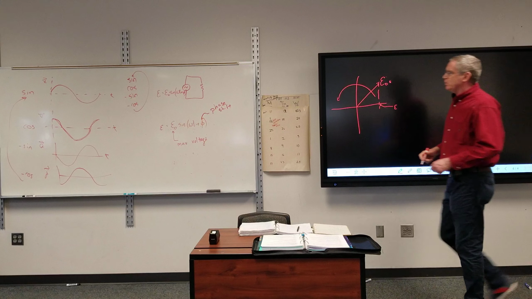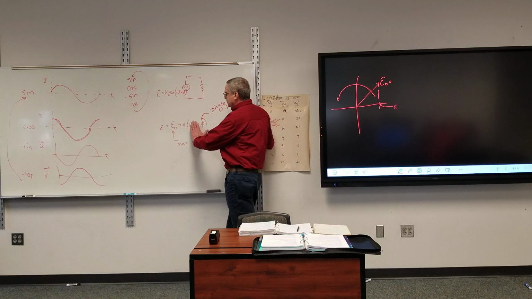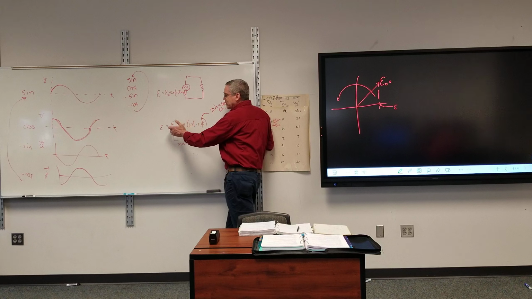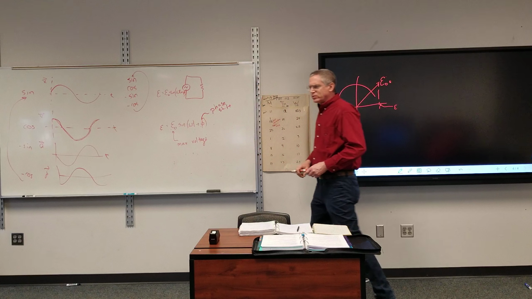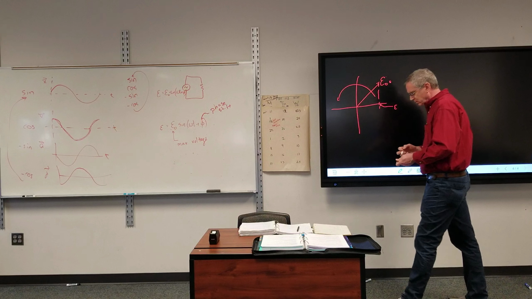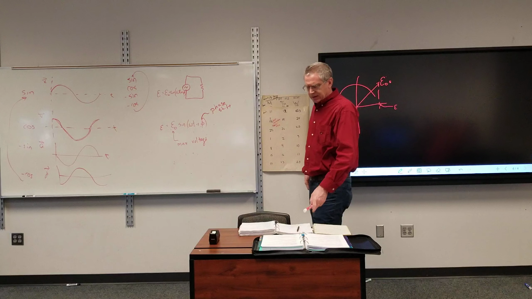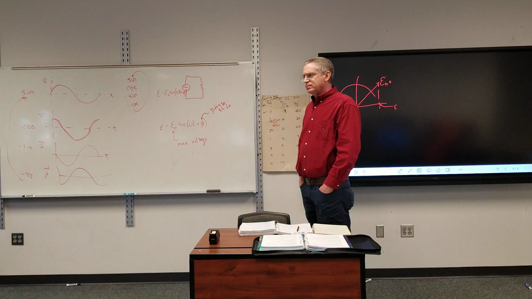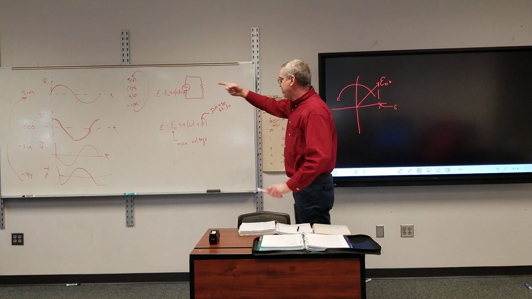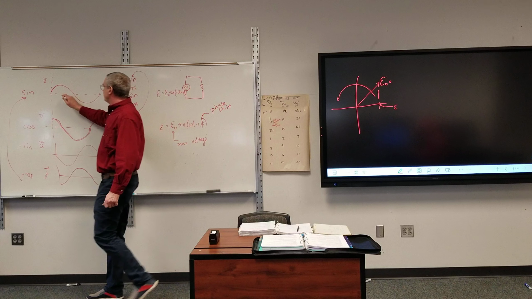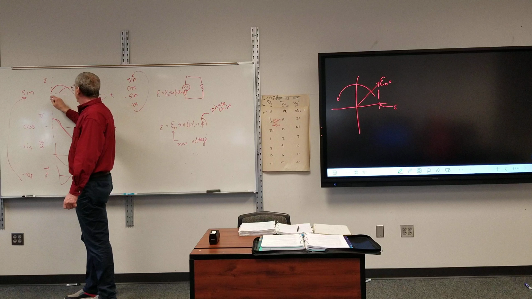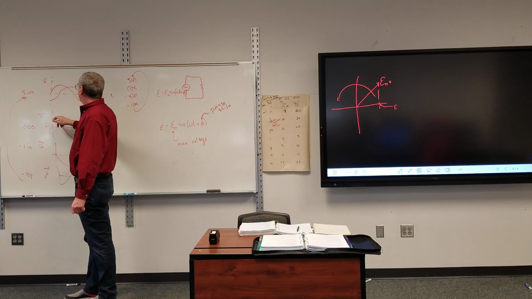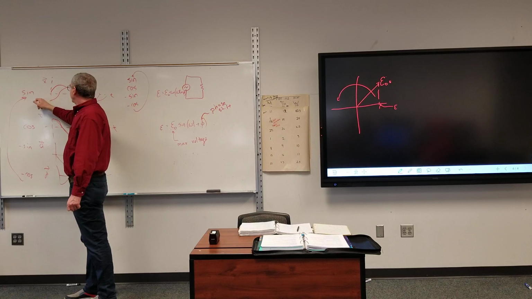Because when time is equal to 0, that's zero, and so you're left with sine of the phase shift times epsilon sub naught. Or cosine, whichever one you're using. The phase shift is going to be in radians. From a graph point of view, the phase shift will move your graph one way or the other.